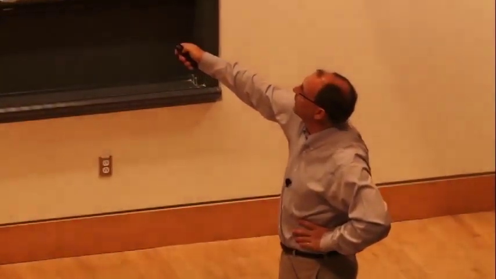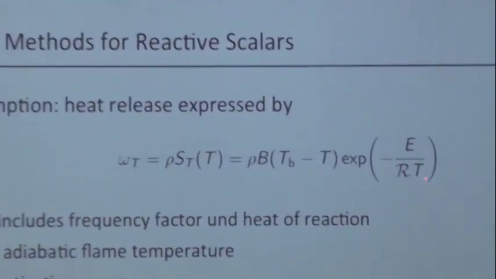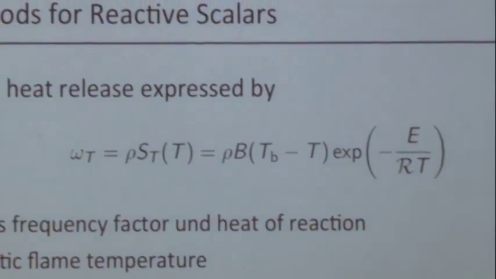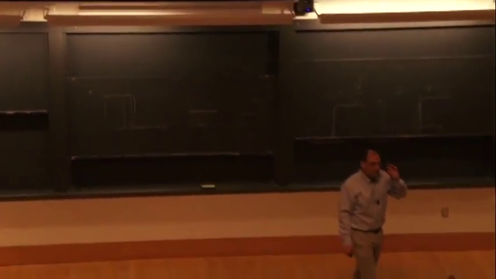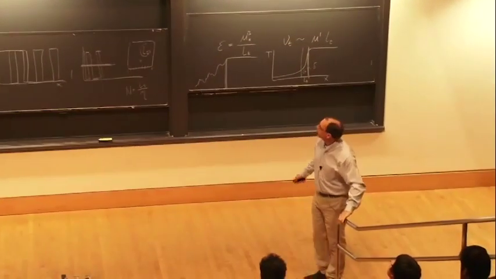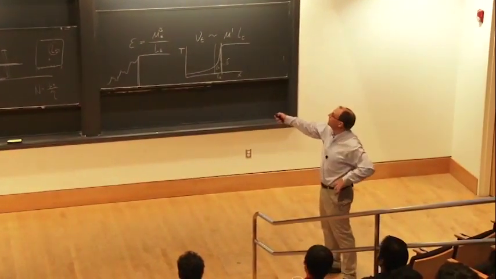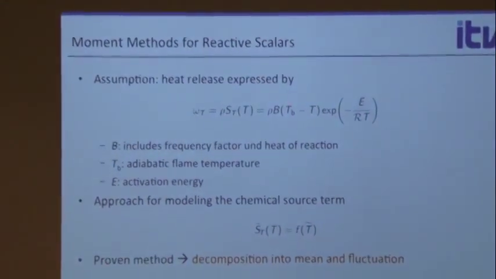And for that we can say, okay, the chemical source term has this form. It's an exponential, minus E over RT, and it's multiplied by either the fuel or the oxidizer, whatever the deficient species is, okay? So let's say you have a lean flame, then the fuel would be the deficient species, and the oxygen concentration is just very large.